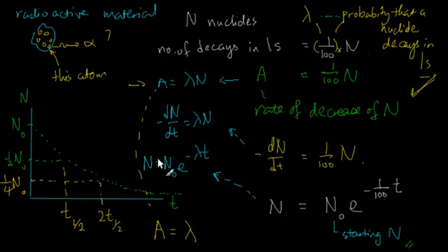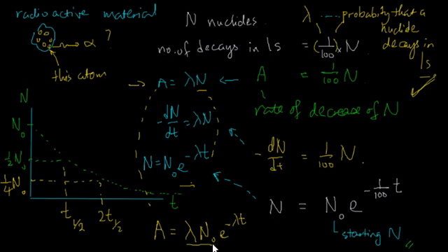But n is actually this. The n here is actually equal to n naught e to the minus lambda t. So I'm going to replace the n there by this formula. Since we know that the activity is lambda times the number of particles, lambda n naught is also the activity, since n naught is the number of particles at the start when t is 0.